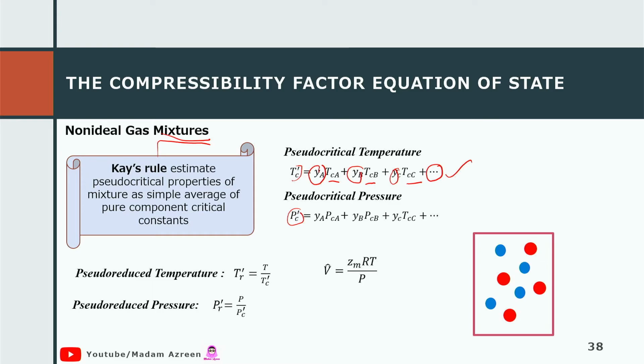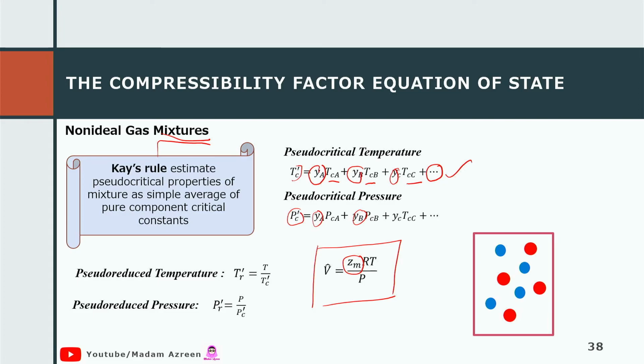Regardless of how many species you have in the mixture, you have to find the critical temperature and critical pressure for each of the species, and then you sum them. And then the Z here becomes Zm because it is for a mixture now.